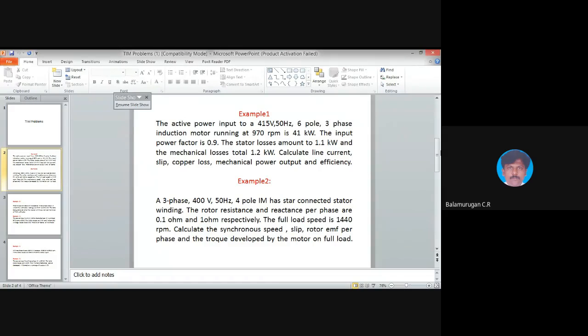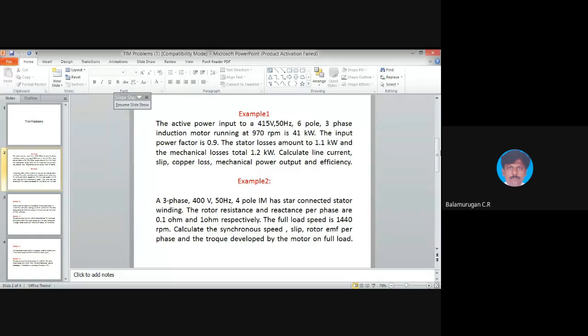Are you having any idea? General torque equation will have, starting torque will have, maximum torque will have, and we'll have a running torque. So all these equations will be slightly different. Okay. So if it is full load, during full load condition will slip be present or absent?